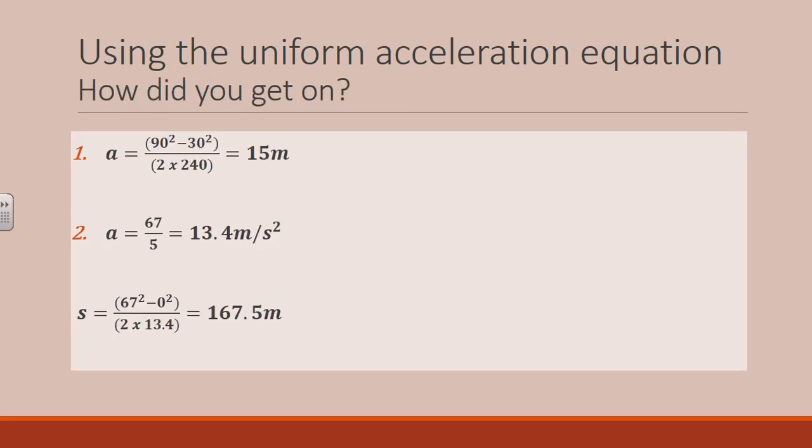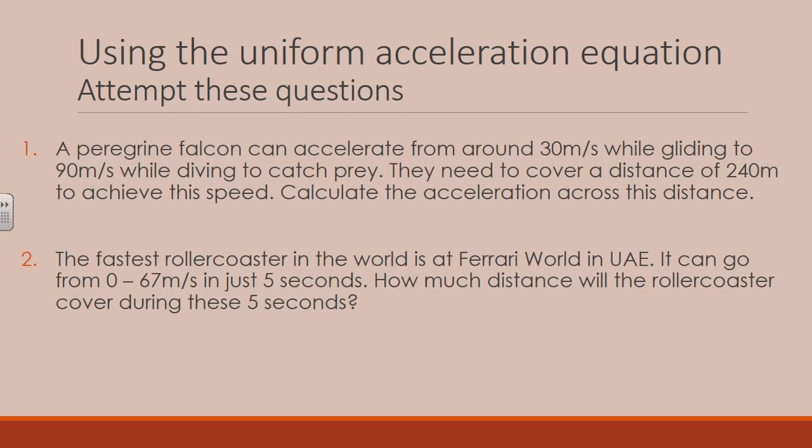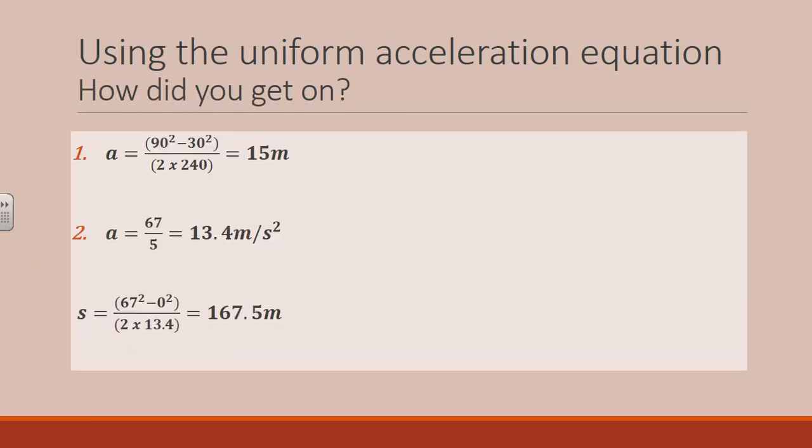For the first one, the Peregrine Falcon, you should have come up with an acceleration of 15 meters per second squared, using the information you can see in the equation.